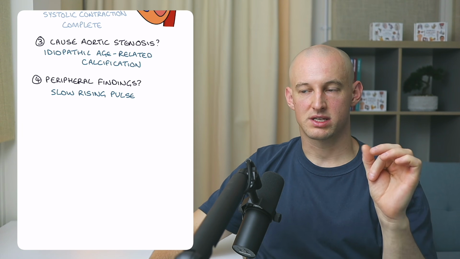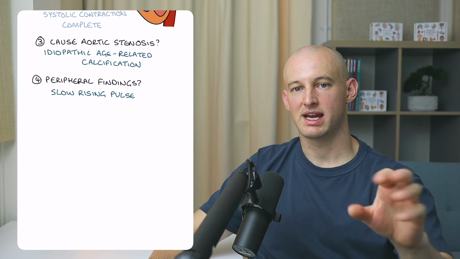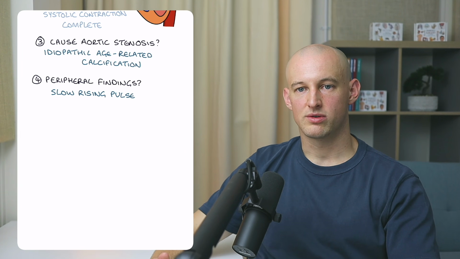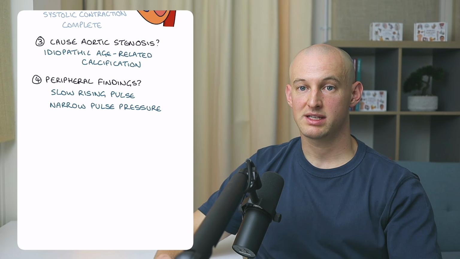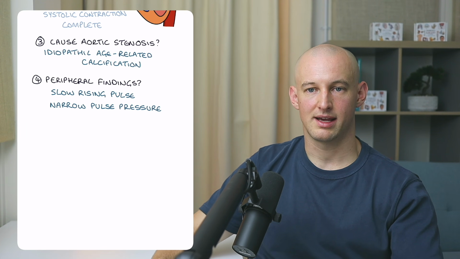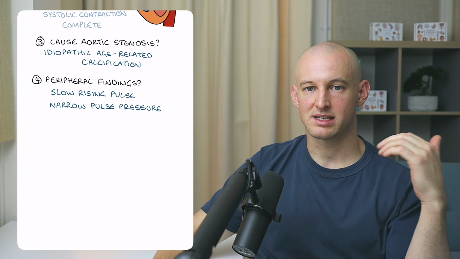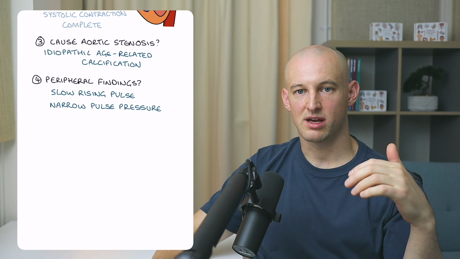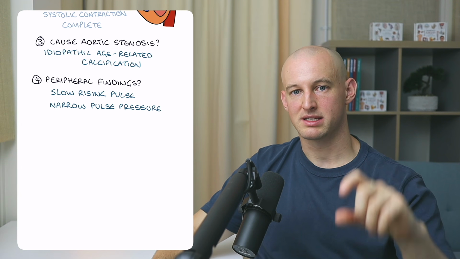And this is due to the restricted flow through the aortic valve, which reduces the rate of expansion of the pulse. The second thing is called a narrow pulse pressure, which refers to a small difference between the systolic and the diastolic blood pressure. So, for example, the systolic blood pressure might be 110 and the diastolic pressure might be 100. The gap between those numbers is smaller.